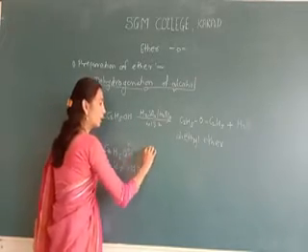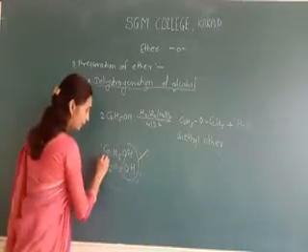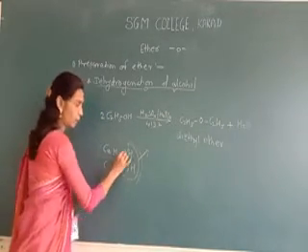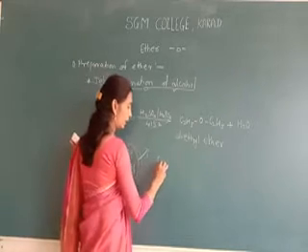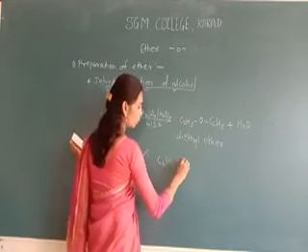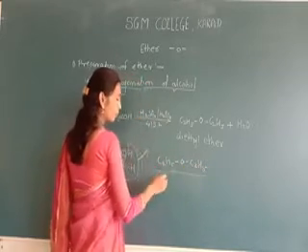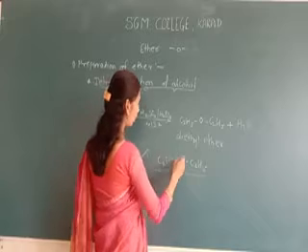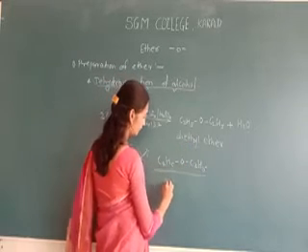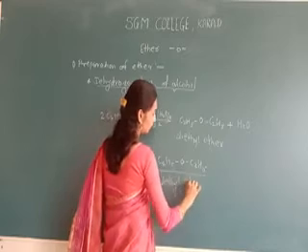HOH will be removed from these, and C2H5, C2H5 and one O will be remaining. That's our ether, C2H5OC2H5. It's our ethoxy ether or diethyl ether.